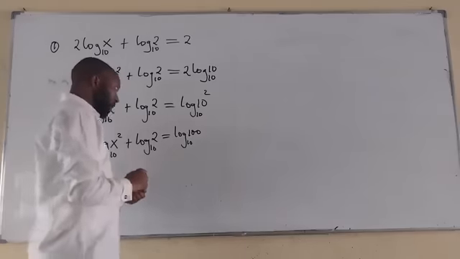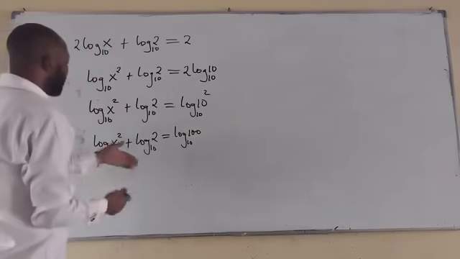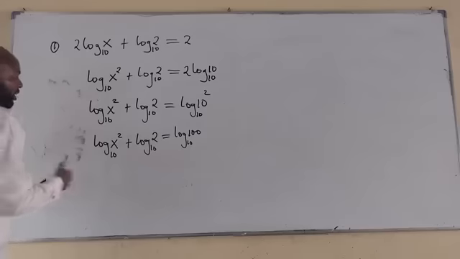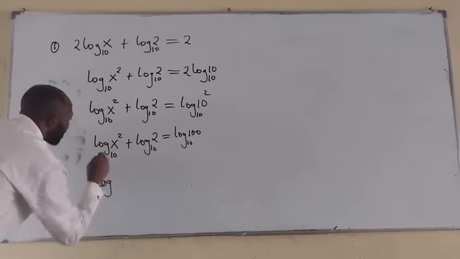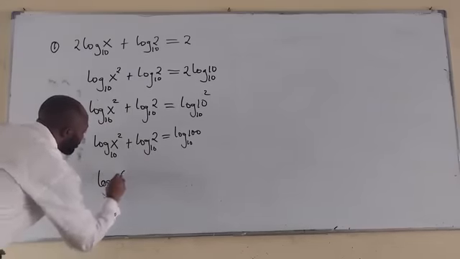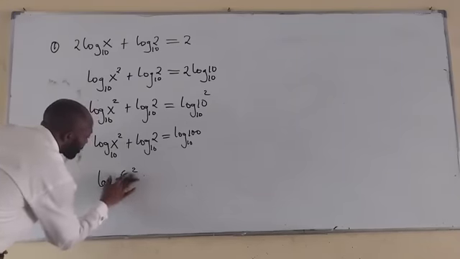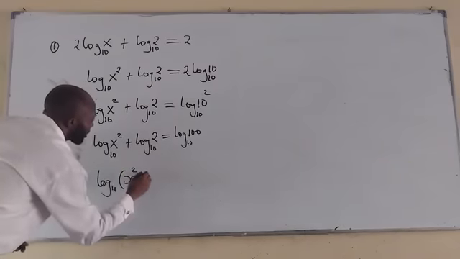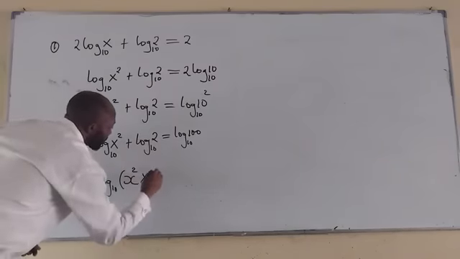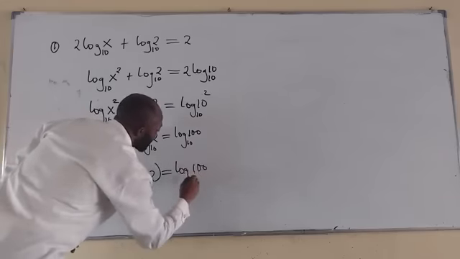And that is 100. So let us see what we do here. To the left hand side we have a plus sign, which means we have to multiply. So I can have log in base 10 of x squared times 2 is equal to log 100 in base 10.